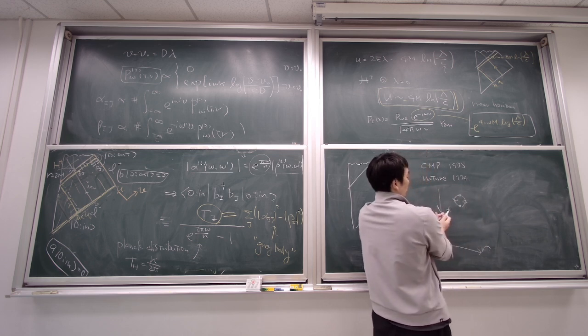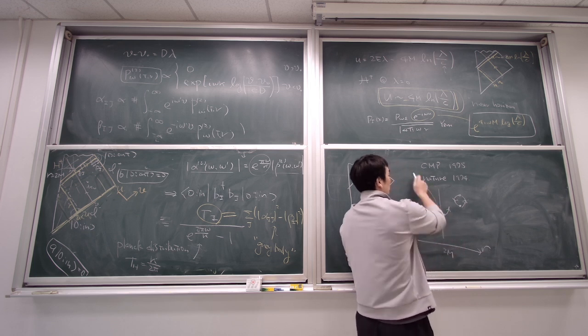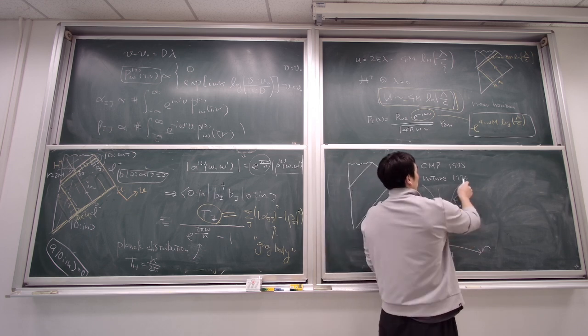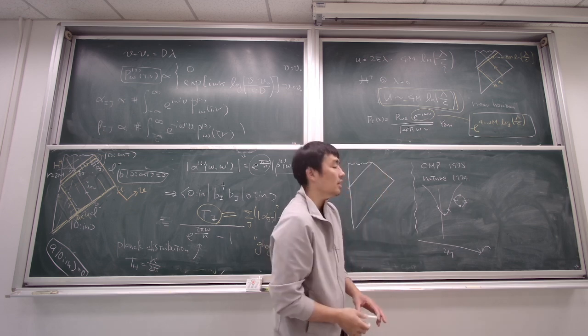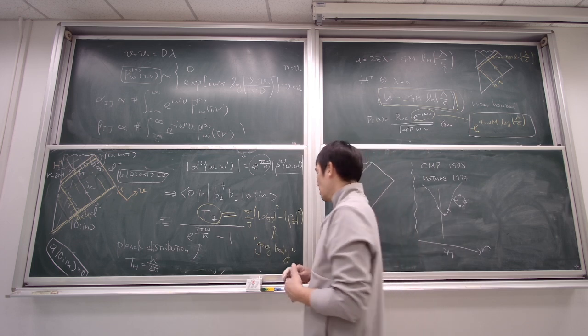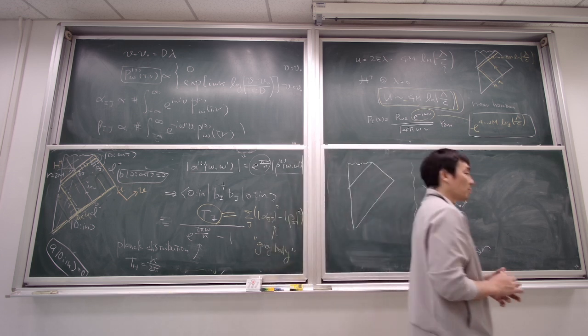Only creation happens, and the antiparticle enters the black hole horizon, but the other particle just goes to infinity at the end of the day. That will give you some radiation. That's the schematic explanation that people often use.